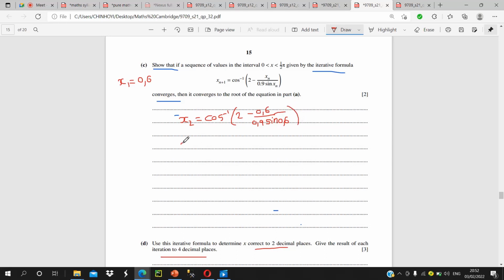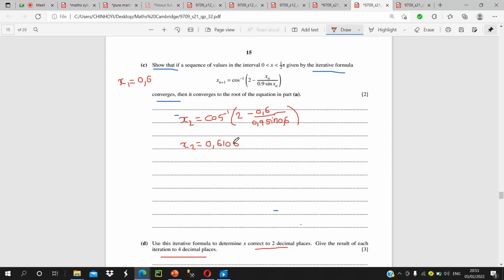And I want the answer correct to 4 decimal places. 0.6106, to 4 decimal places, right?